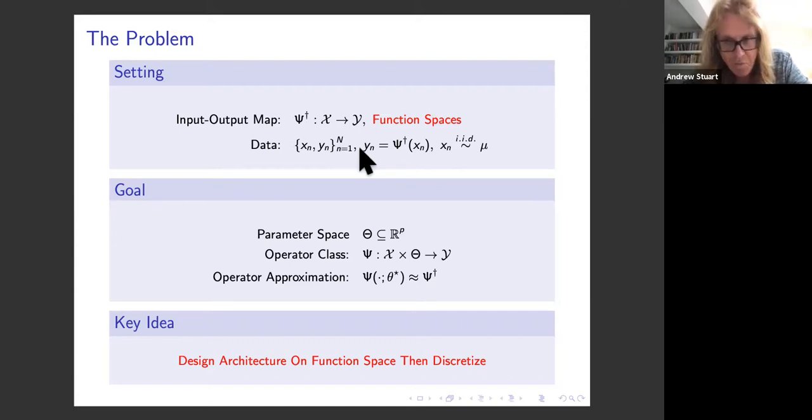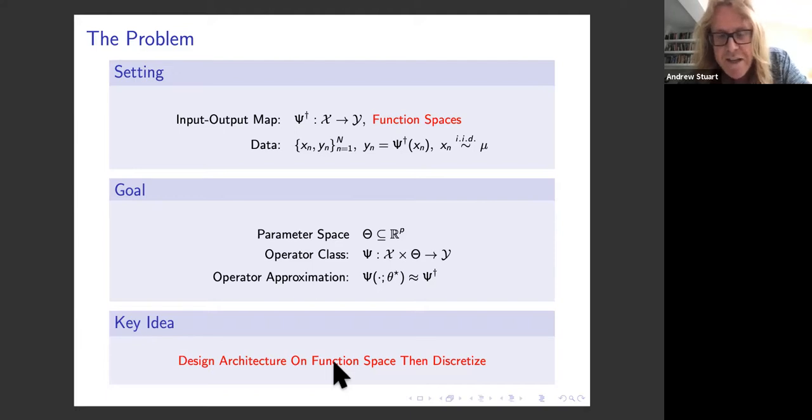And the one philosophical point that underlies everything I'll describe in the talk, but it's an idea that applies more widely throughout scientific computing, is that it's beneficial, I believe, in this context and in many others, to conceptualize the algorithm, which in this case is designing an architecture, on function space before you discretize the function spaces.